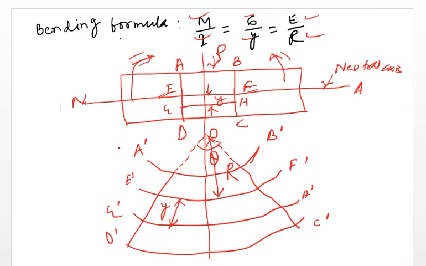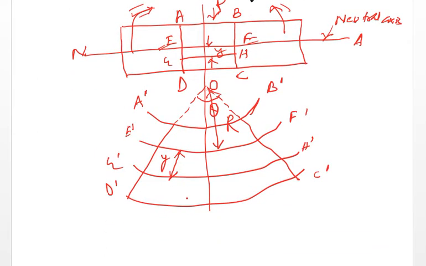Now let's start to derive the equation. We know that on the neutral axis, EF and E dash F dash, these two fibers remain unchanged.